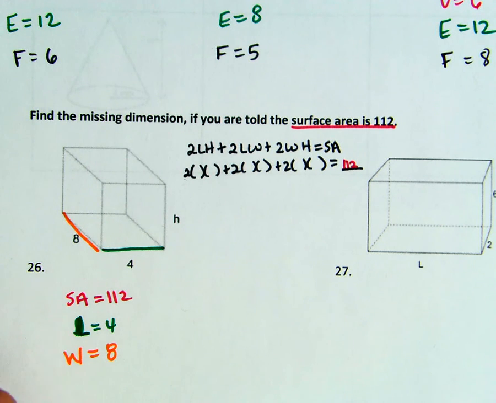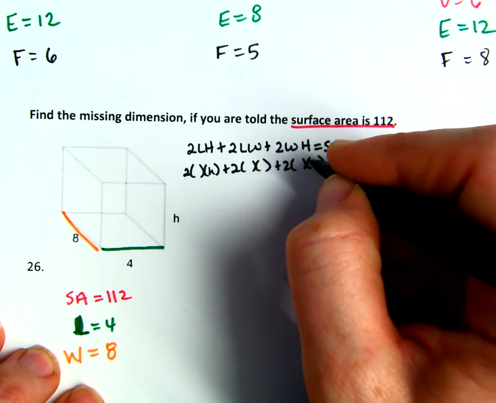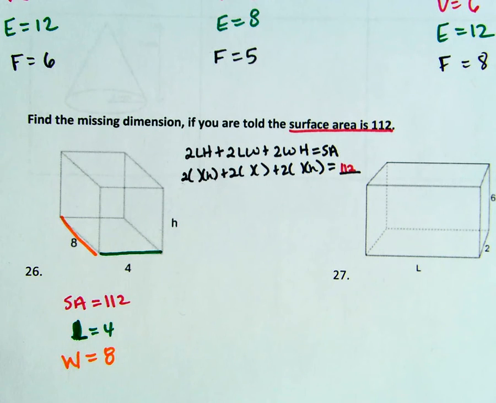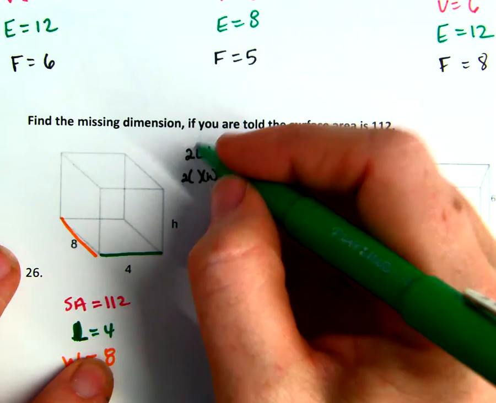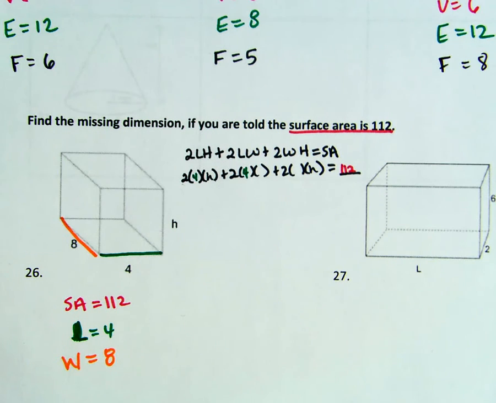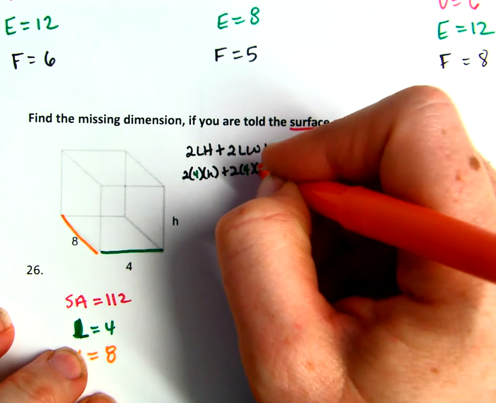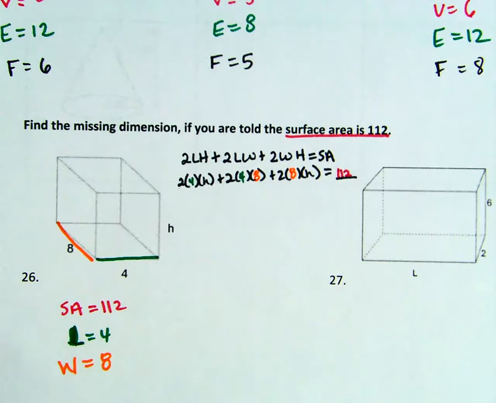I don't know my height, so all of my h's are going to stay h's. Everything else is going to become a number. So my lengths, my L's, are all going to become 4, here and here. And my widths are all going to become 8, so that would be here and here.